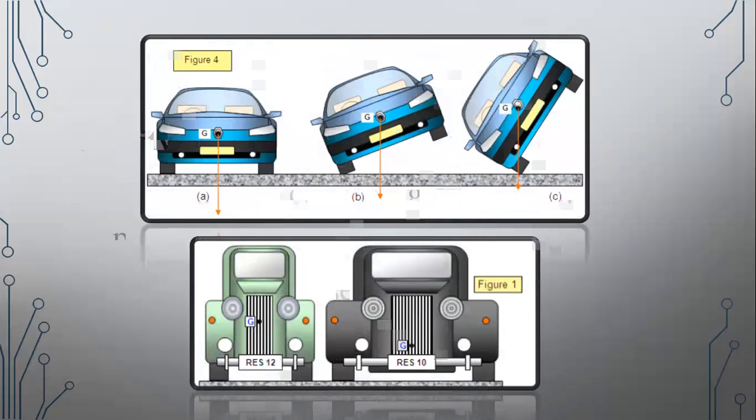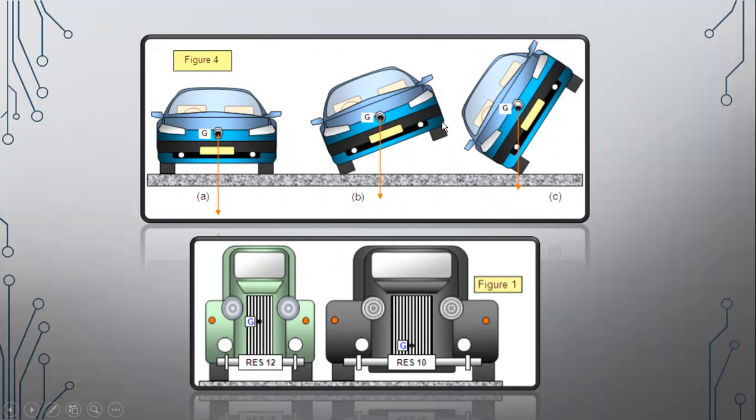For example, in this case, this is the car, and this one is the line of action of weight of the car. तो अगर ये कार टिल्ट होती है तो इट्स लाइन ऑफ एक्शन ऑफ वेट स्टिल पासिंग थ्रू द बेस एरिया.